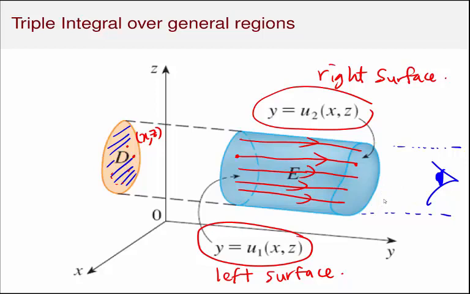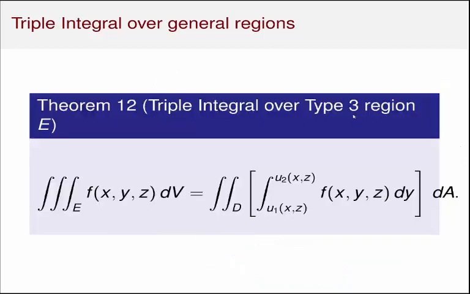Now, here's how we can compute a triple integral over a type 3 region. Basically, we convert this into a double integral over the projection, followed by a single integral with respect to the variable y, from the left-hand surface to the right-hand surface.